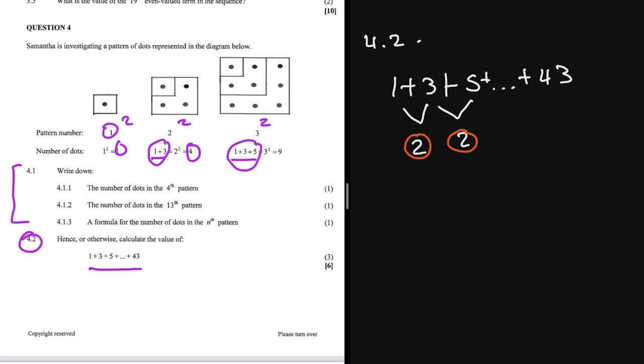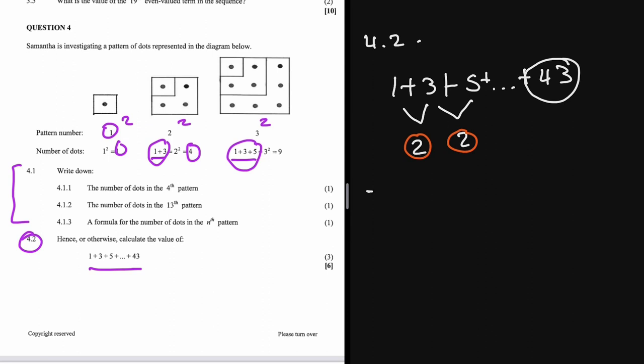But now, if we want to determine what position this term of 43 is in, so that we can get the sum of our dots, we will use the linear pattern equation. So first thing, we determine the general term.